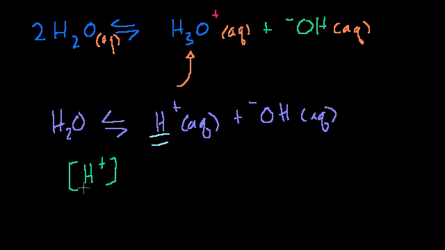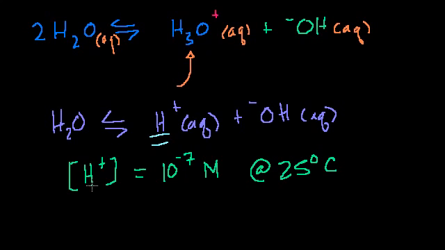And we learned in the last video that just pure water at 25 degrees Celsius, which is room temperature, so let me write that. At 25 degrees Celsius, the concentration of your hydrogen protons, because that's really what they are, or hydrogen ions, is 10 to the minus 7 molar. And then we even said, hey, chemists for whatever reason don't like dealing with negative exponents.